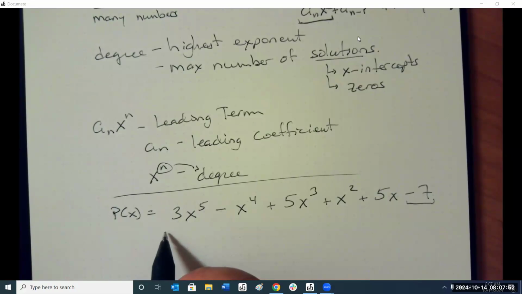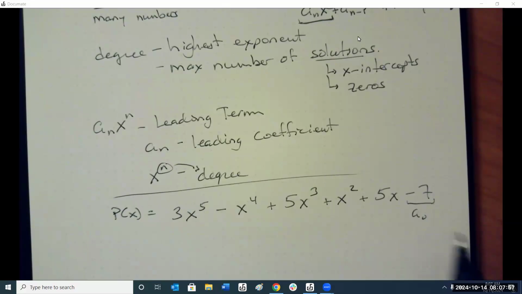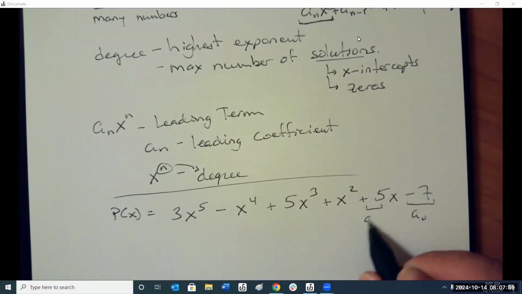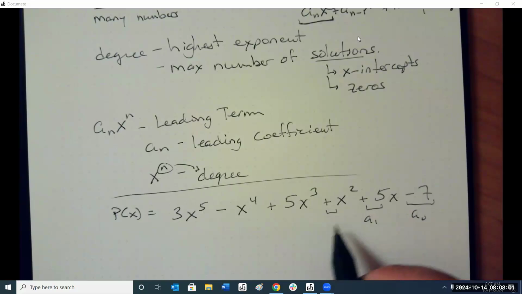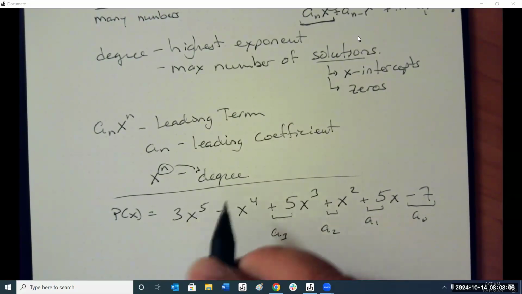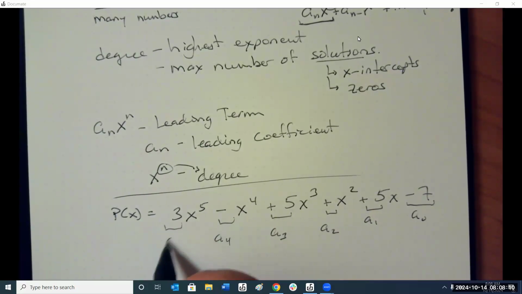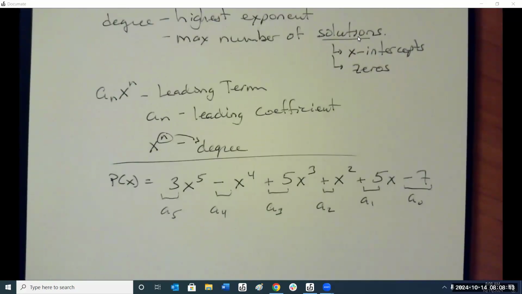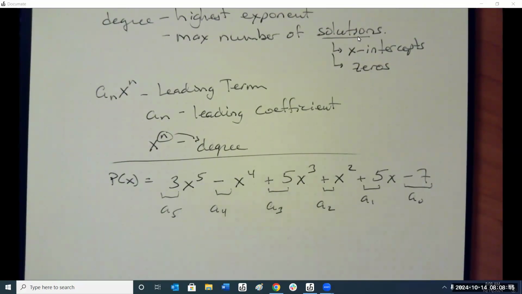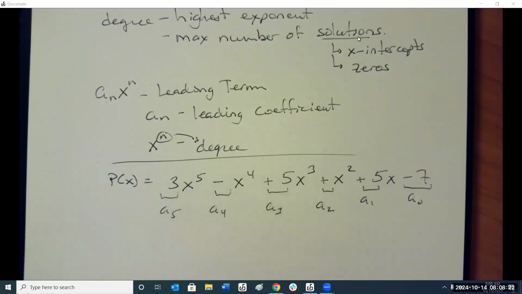All the a does is tell us that this one is a sub 0, this is a sub 1, a sub 2, a sub 3, a sub 4, and that's a sub 5. So it just allocates which term our coefficient belongs to.